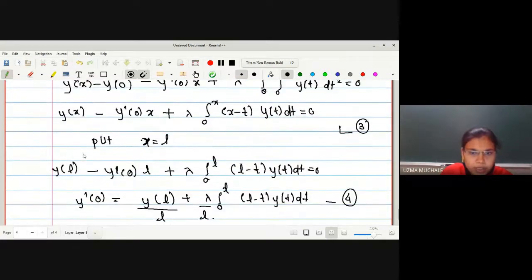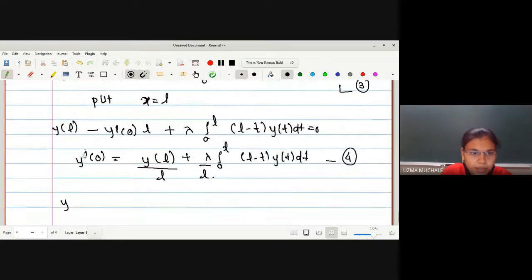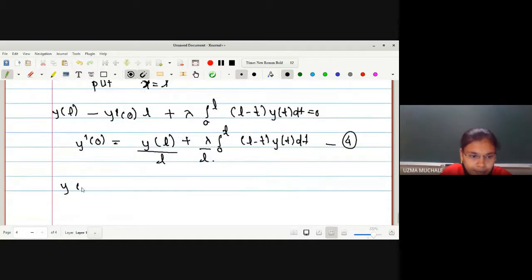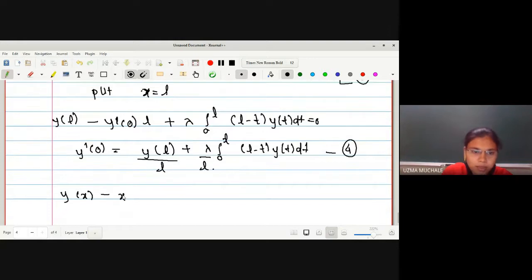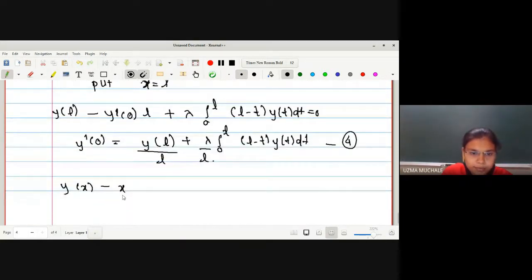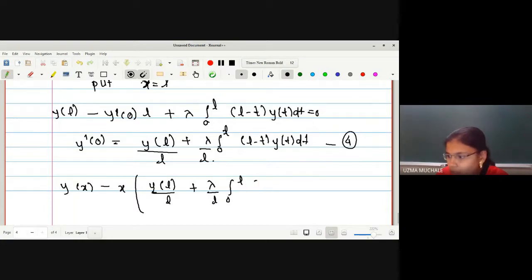Y dash of 0 needs to be substituted, so y of x minus y dash of 0 into x is there, into x. Okay, let me write this down as y of L upon L plus lambda upon L integration 0 to L of L minus t y of t dt. Correct.